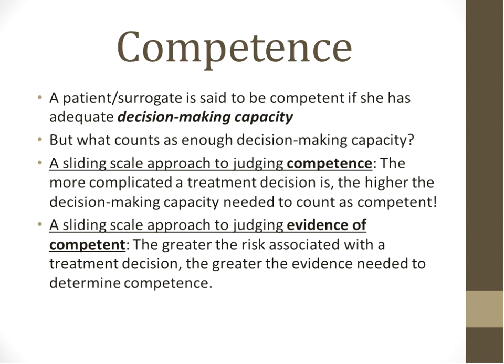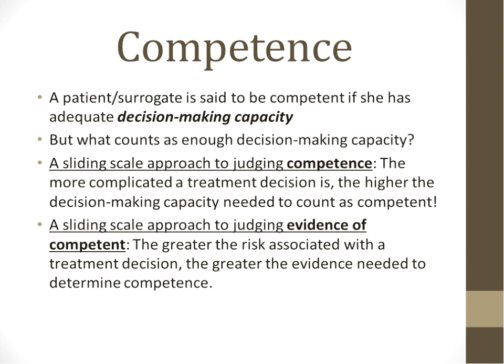So you don't need as much evidence as you would if there was a lot of risk at stake in my decision. So, to sum up, there are two kinds of decisions we make when talking about patient competence. One is, does the patient have adequate decision-making capacity to count as competent? Judgments of competence are made on a sliding scale relative to the complexity of the decision.